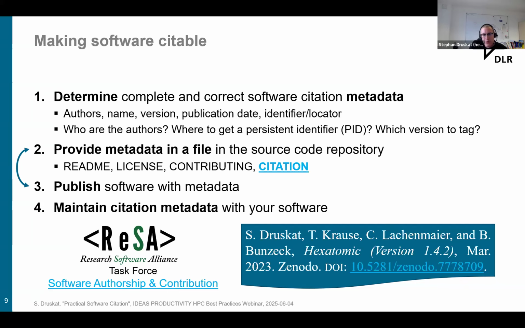And Zenodo, if you publish your software there, will get you a DOI, or actually 2 DOIs, one for the actual software version, and one that collects this and every subsequent version of the software you publish there. Or you can archive your software in the Software Heritage Archive, which also provides identifiers that are unique, persistent, and resolvable. And I'm going to introduce these identifiers in a bit as well.